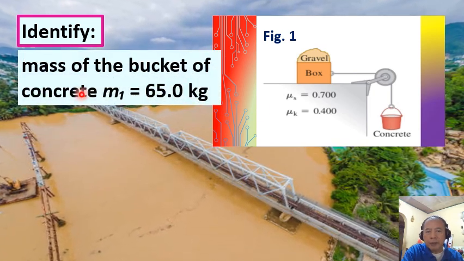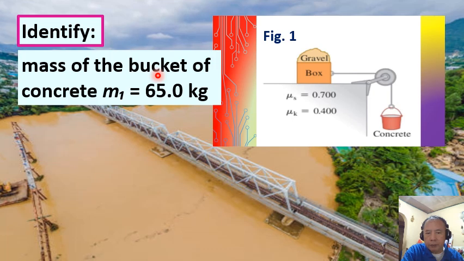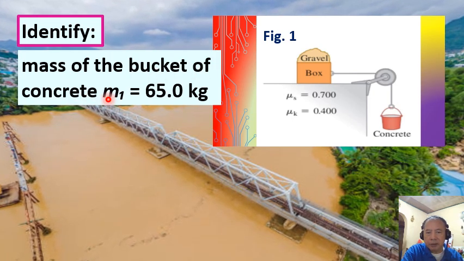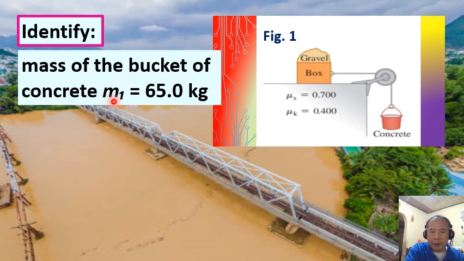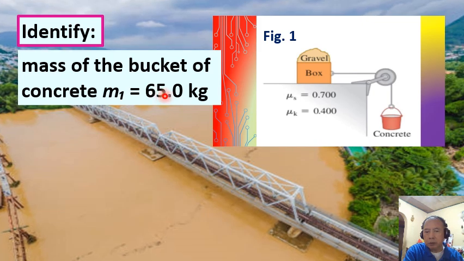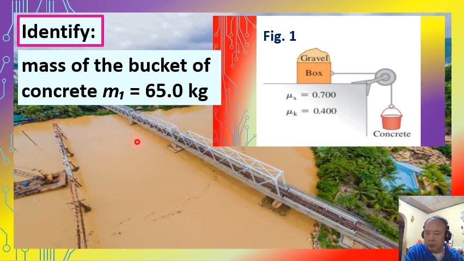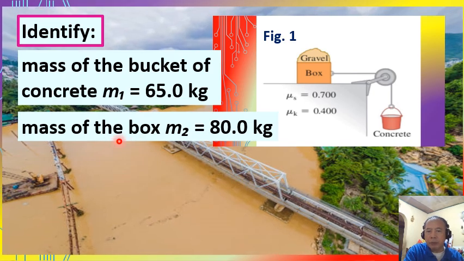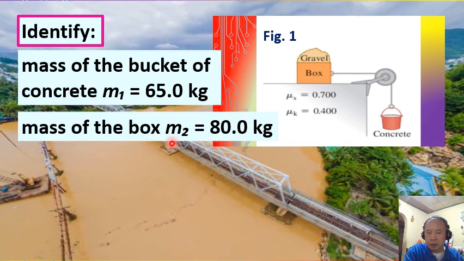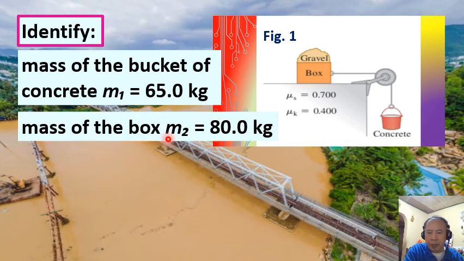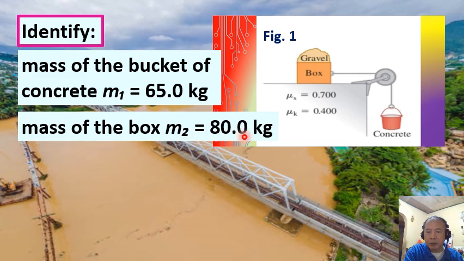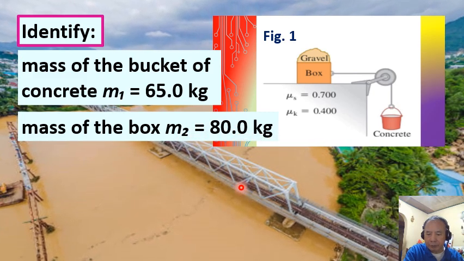So, we are given the mass of the bucket of concrete, denoted by small letter m sub 1, equal to 65.0 kilogram. Also, the mass of the box, denoted by small letter m sub 2, equal to 80.0 kilogram.